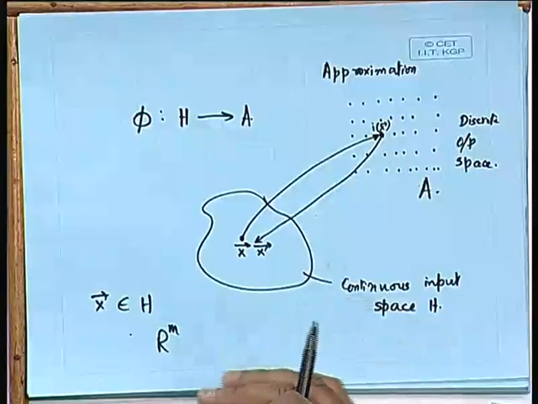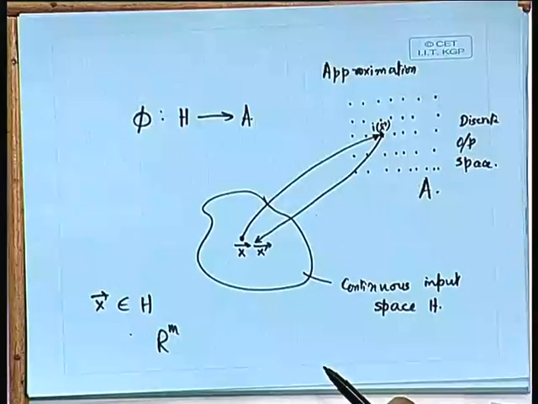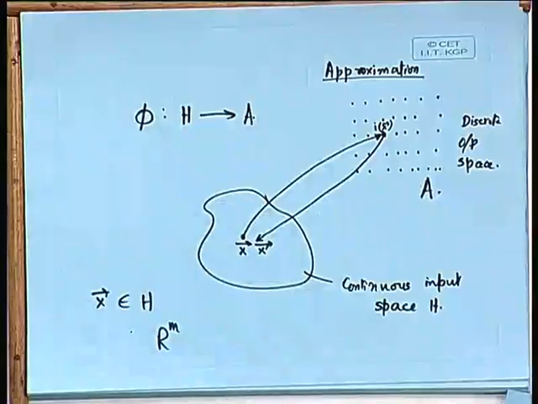I may have, let us say, a 25 dimensional input vector, supposing the m we choose is 25, but I may be mapping it to a 10 by 10 space. Essentially I am going from a large space to a small space, and I will be able to do data reduction or data compression in this process. So, let us now go more into this approximation theory.